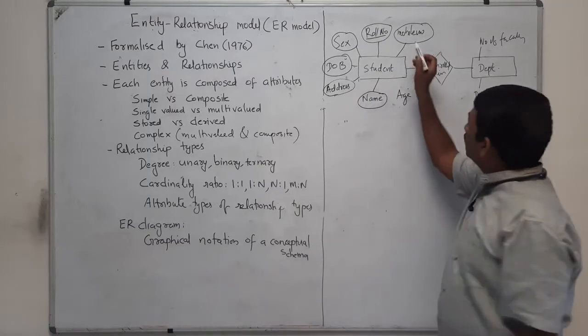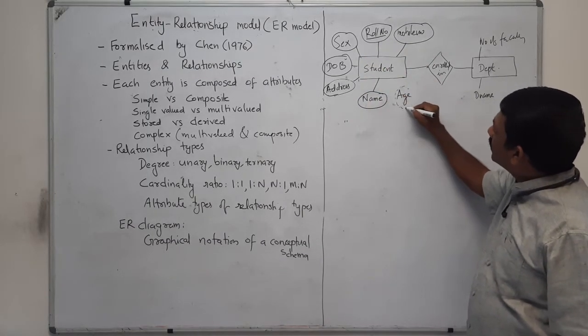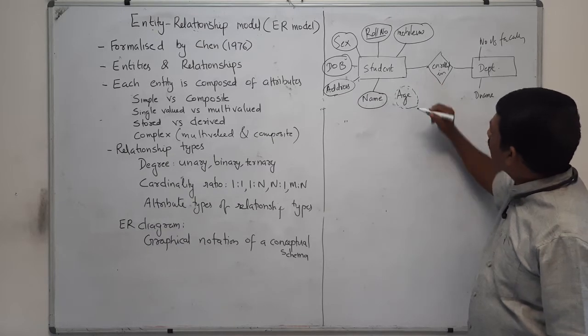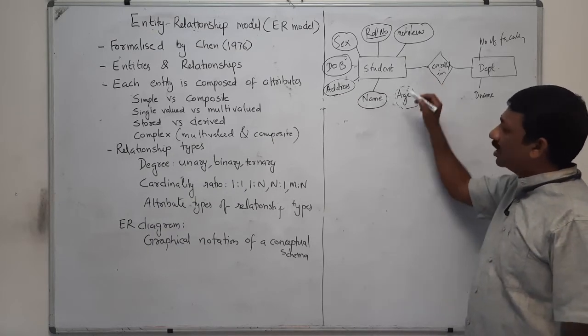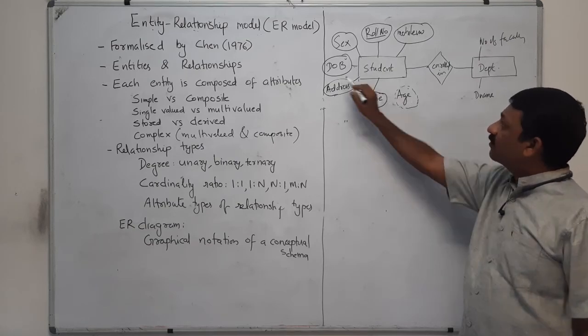Now these are all attributes, and derived attributes are represented by a dotted line oval. This is a derived attribute: age is derived from date of birth.